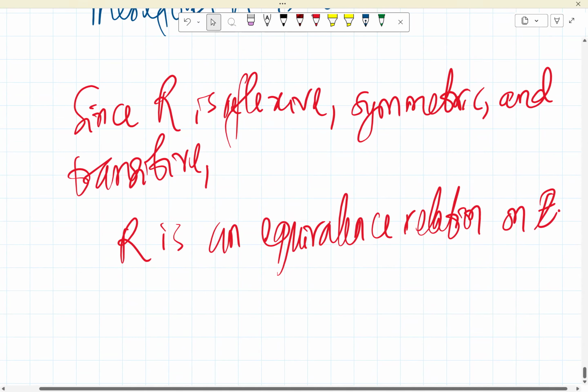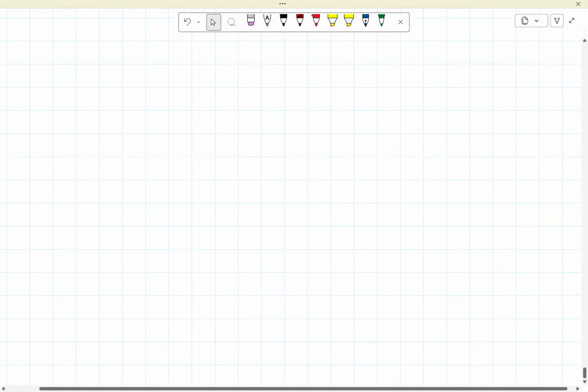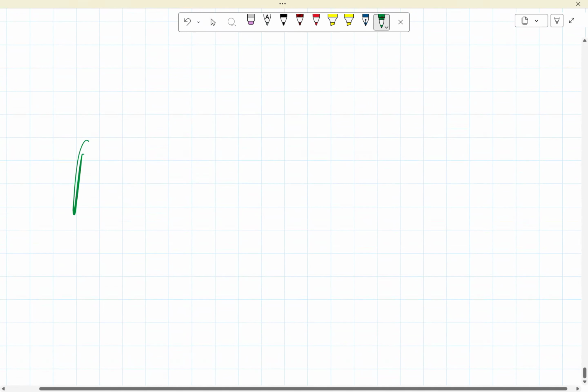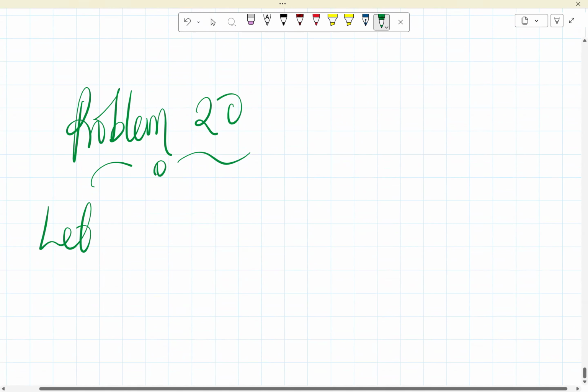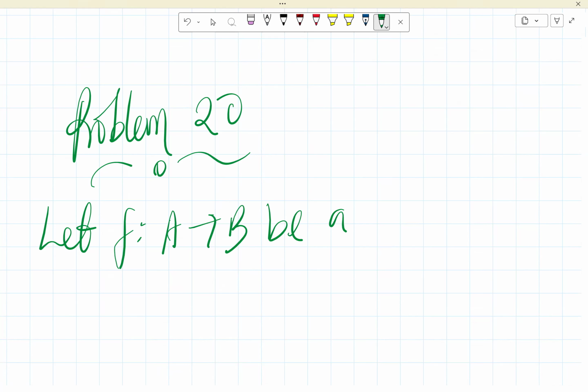So let's go for the last one, problem 20. So we let F map A to B be a bijection.